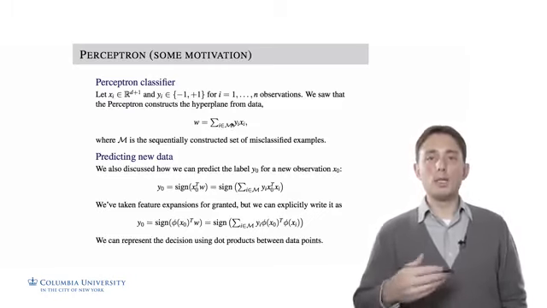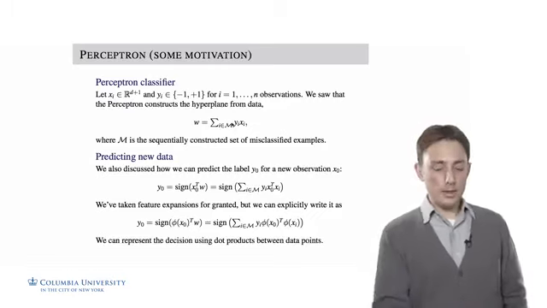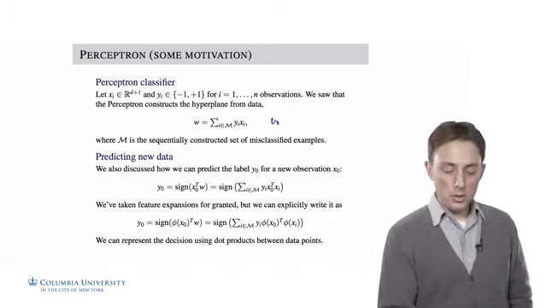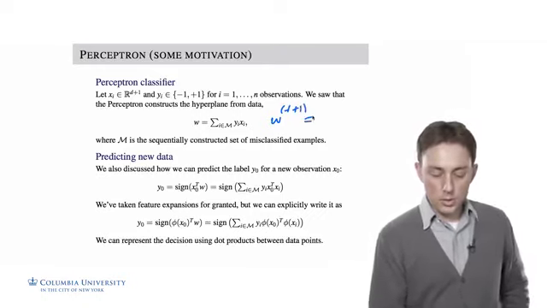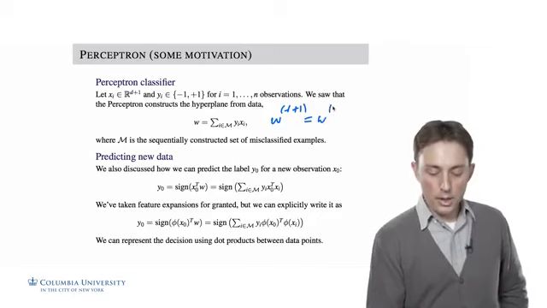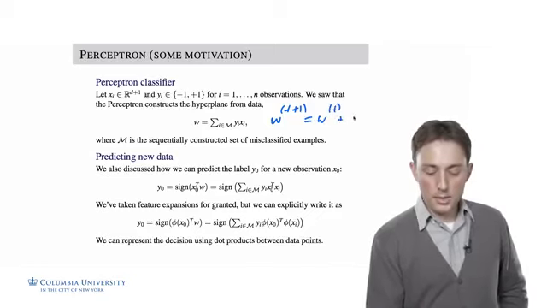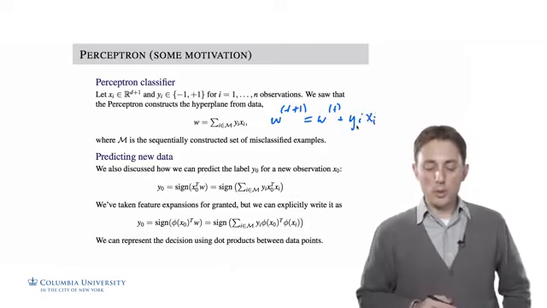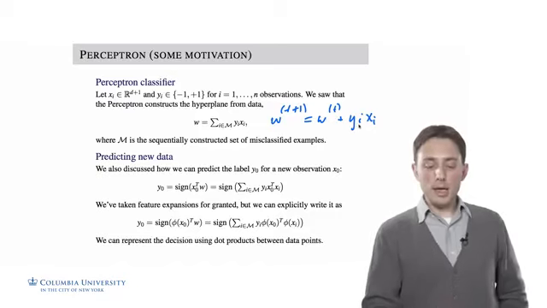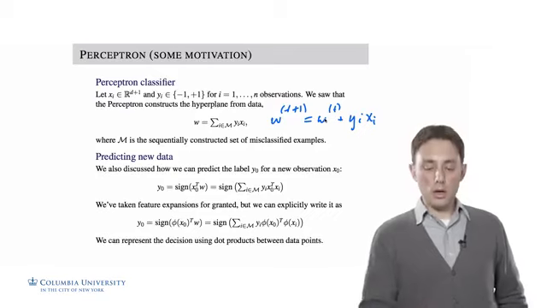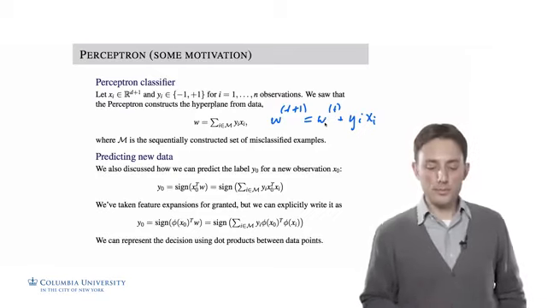So remember with the Perceptron, the way that we updated W at iteration t plus 1 is that we set it equal to W at iteration t plus yi xi, where we picked the pair yi, xi to be a misclassified example according to our current vector W.